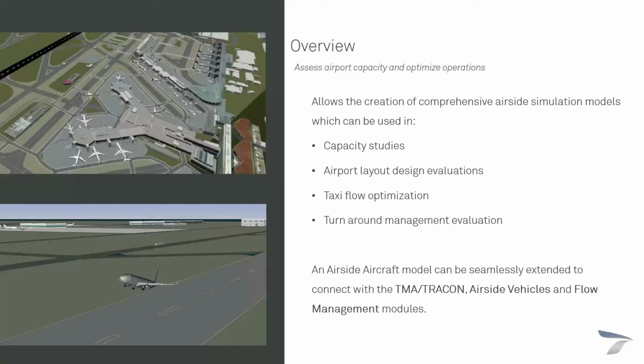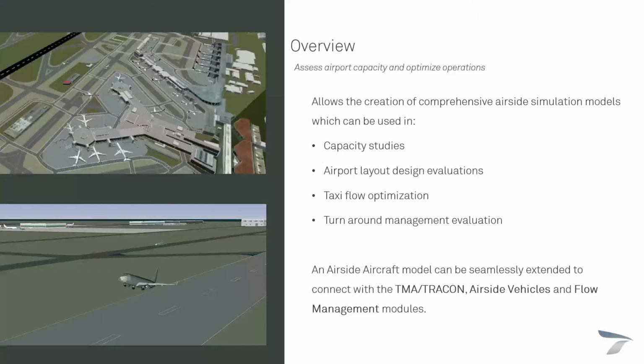what effect would that have in your operations. AirTOP can also be used for taxi flow optimization. So if you have identified a hotspot or a bottleneck in your airport, and you think that a taxi flow optimization might be the solution, then AirTOP is a tool that you can use to confirm that, evaluate it, and get some metrics out of it to compare.